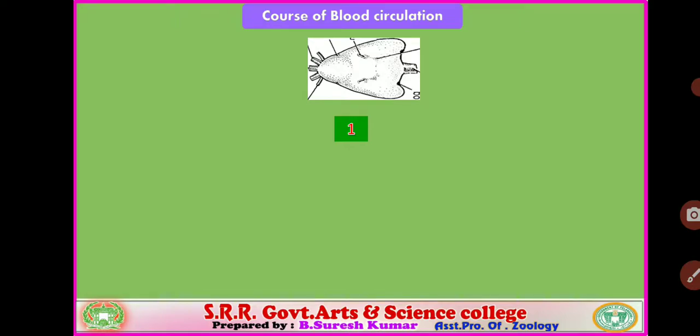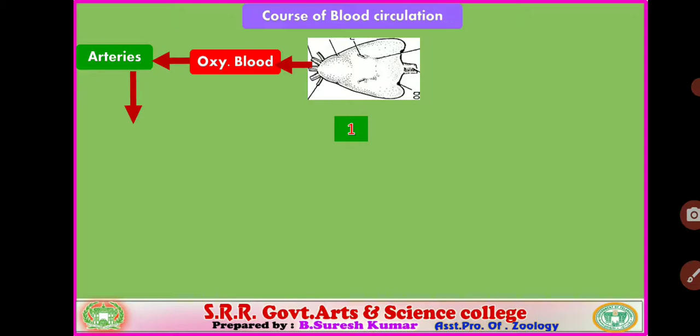The heart pumps the oxygenated blood. Actually it receives oxygenated blood from its pericardium through ostia. So the heart pumps the oxygenated blood through 6 major arteries, and then the arteries supply oxygenated blood to all body parts, appendages as well as visceral organs, everything.